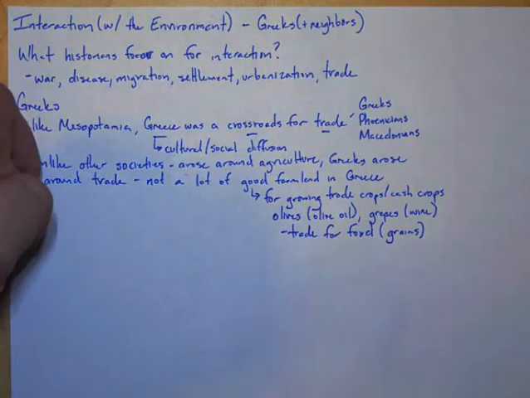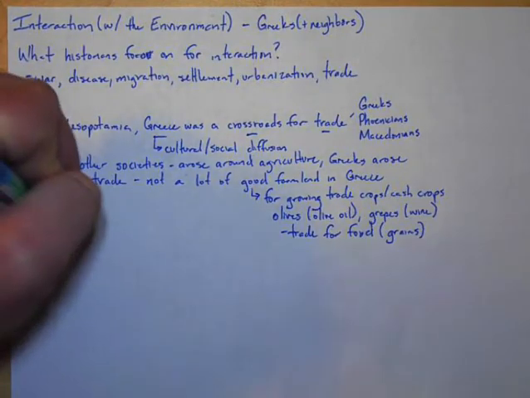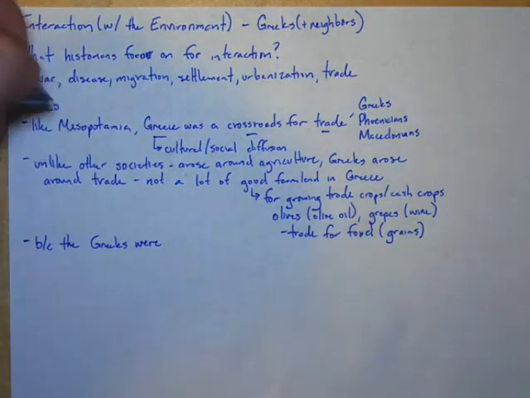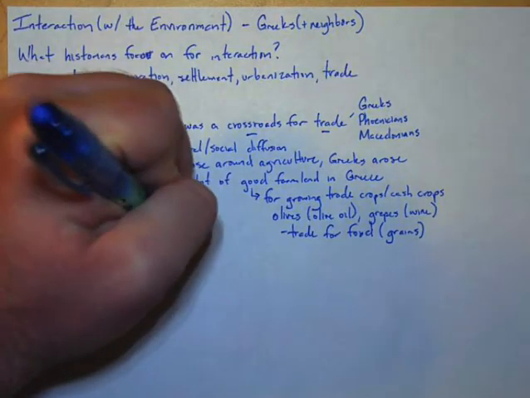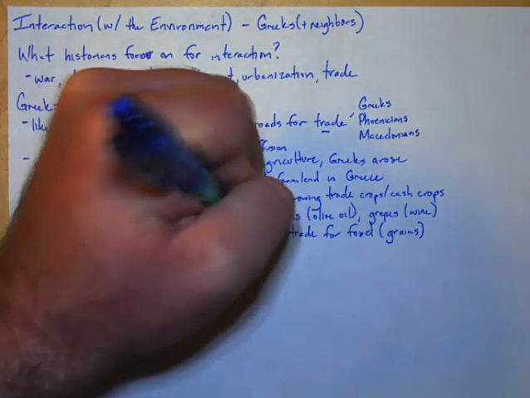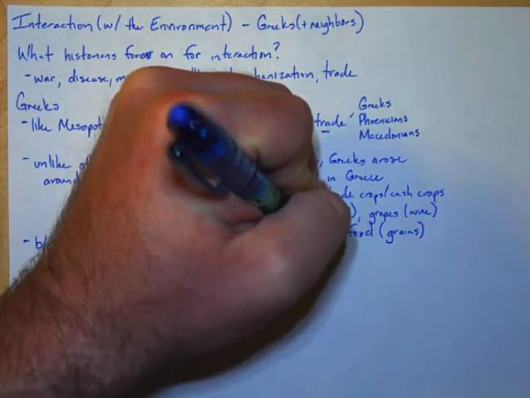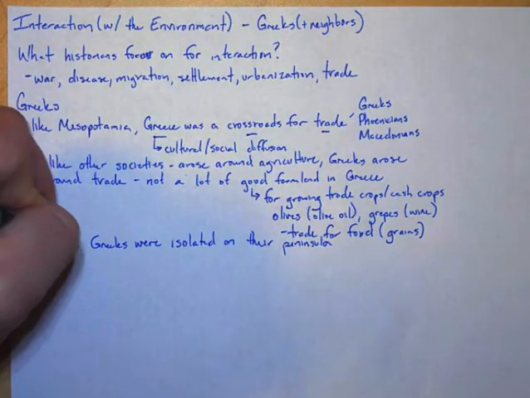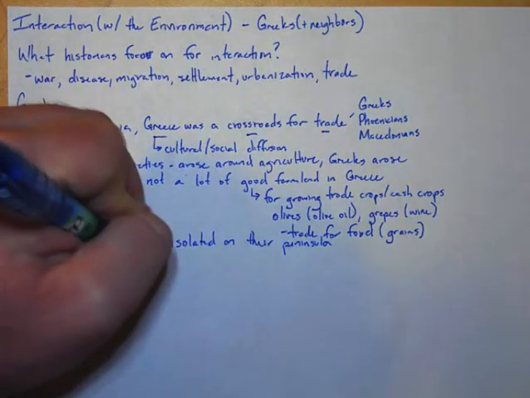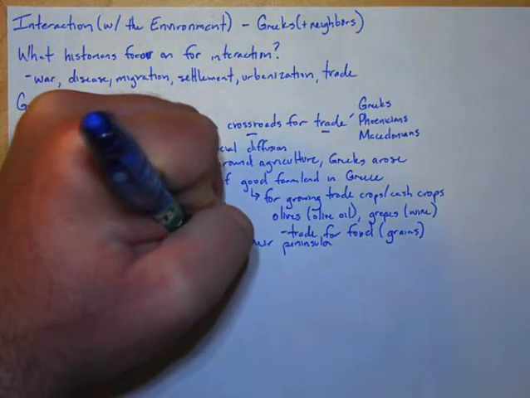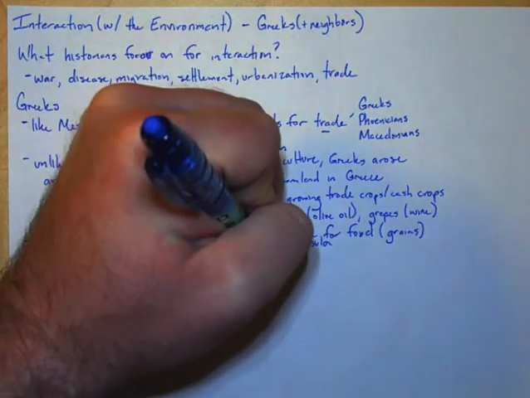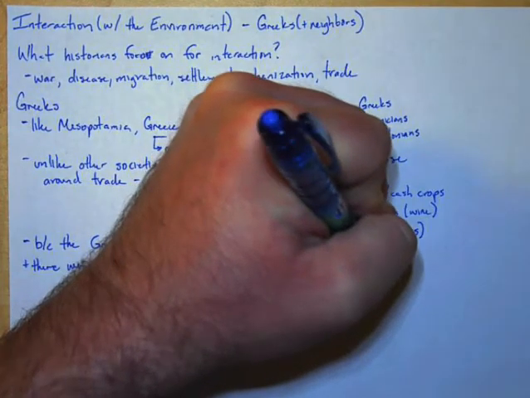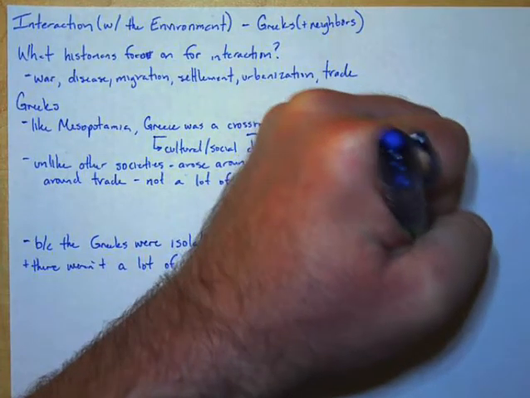Because the Greeks were kind of isolated on their peninsula, and there weren't a lot of Greeks, they relied on, I guess, what we would call colonization to expand.